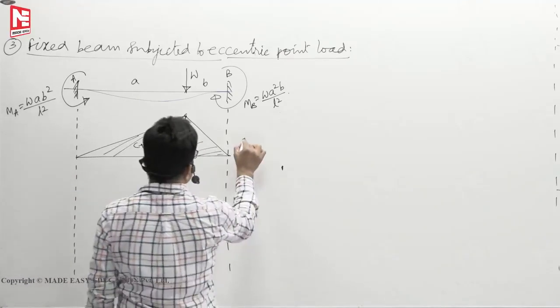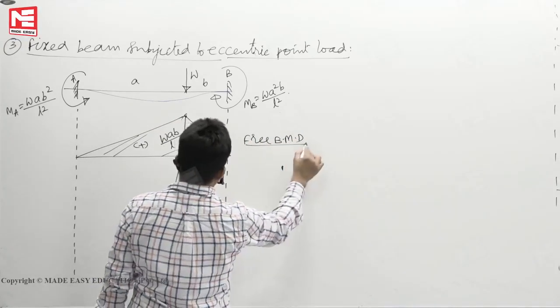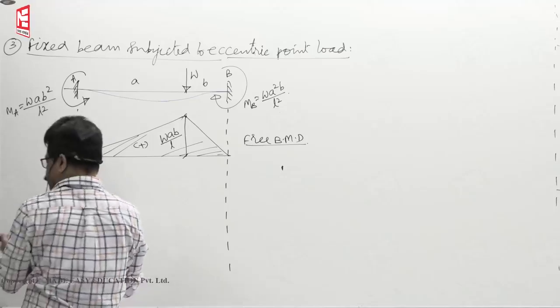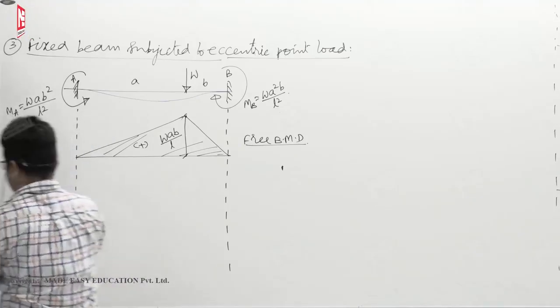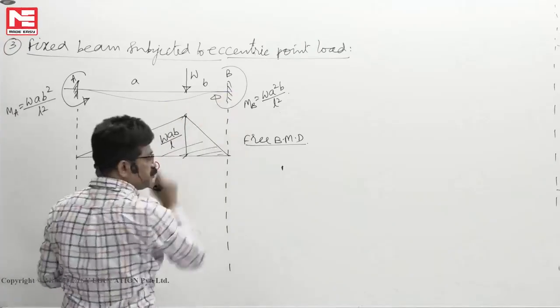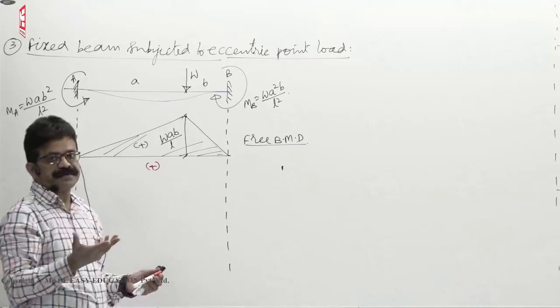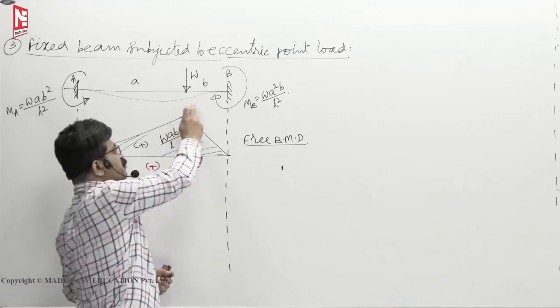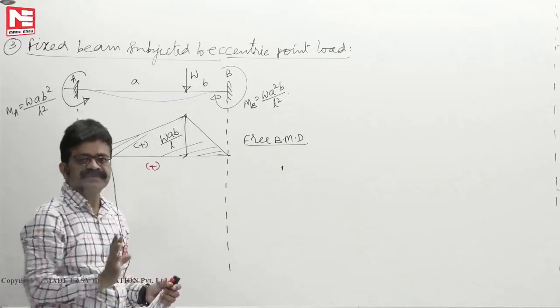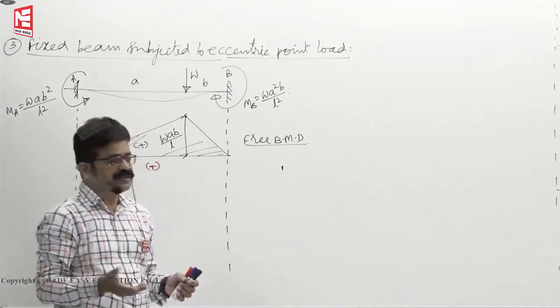This is the free bending moment diagram. Then to this if you superimpose the negative bending moment diagram, because the load is nearer to the support B, negative bending moment at B is maximum. The influence of W on this fixed end moment is more because it's very near. That's what you have studied in the simply supported beams also.